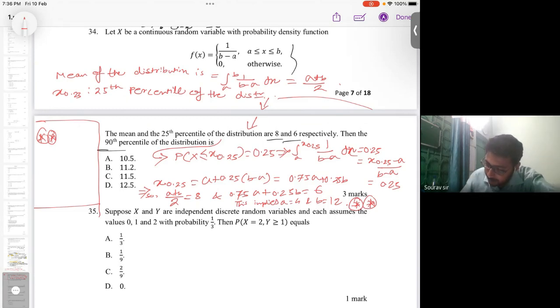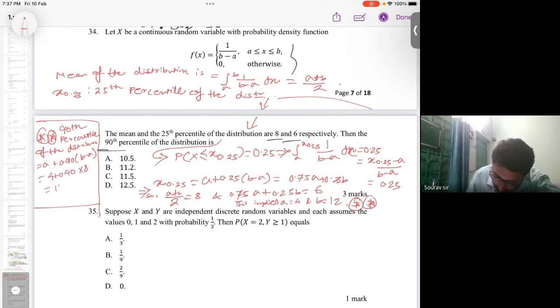So from here, the 90th percentile of the distribution is equal to a plus 0.90 times (b minus a). It can be written as 4 plus 0.90 into 8, which is equivalent to 11.2. So this will be the answer, and it is equivalent to option B.